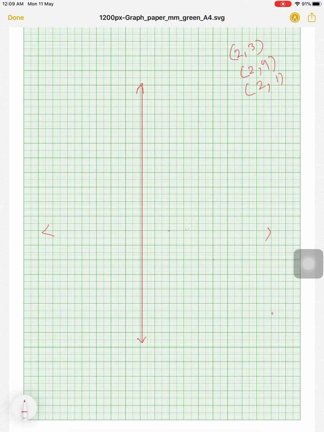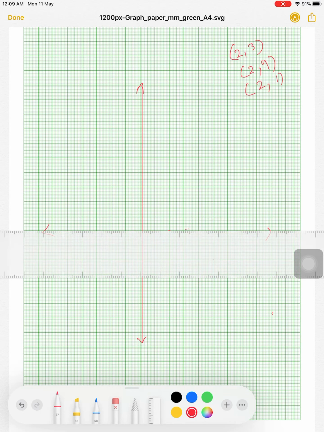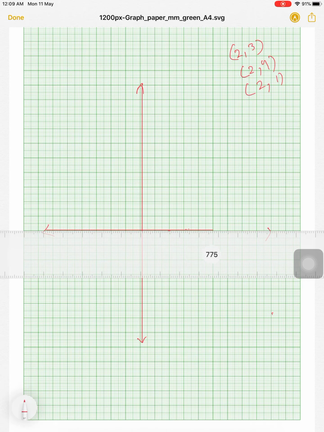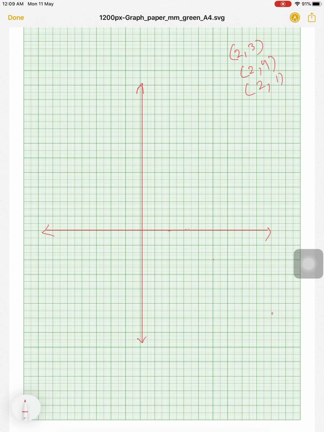Now I shall put these points on the graph paper again. 2, 3. So on the x-axis we have 2 and we have to move 3 on the y-axis. So this is the point 2, 3. And where is 2, 4? This is the point 2, 4. 2, 1. This is the point 2, 1.